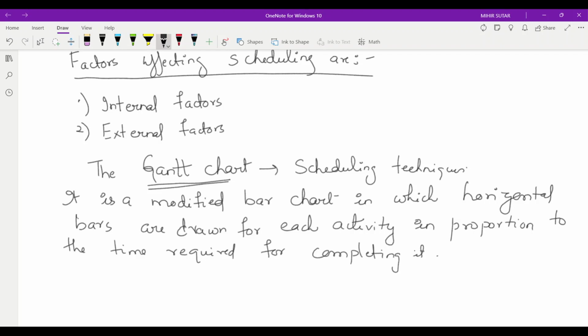So if you draw the Gantt chart for any product, it will give you an immediate comparison between what has been planned and how the actual process is going on. If there is any deviation, accordingly you have to take further steps and improve it. So I will draw one Gantt chart here.